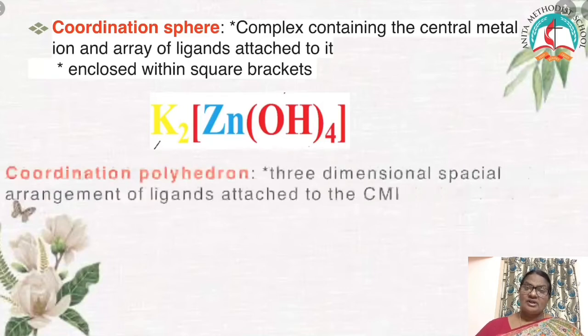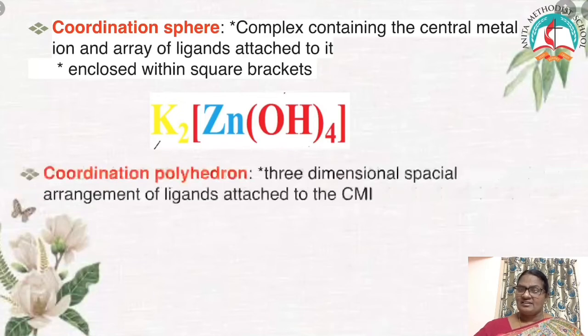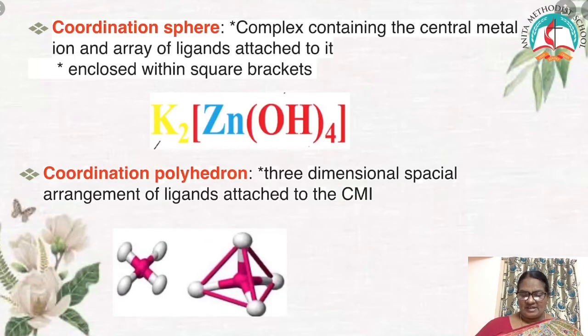Next, again, coordination polyhedron. What decides the shape of the complex? Secondary valencies. Where do you find the secondary valency? Inside the square bracket. What else is there inside the square bracket? Metal ion. So the central metal ion and the ligands which decide the shape of the complex are called the coordination polyhedron. We have some examples here.